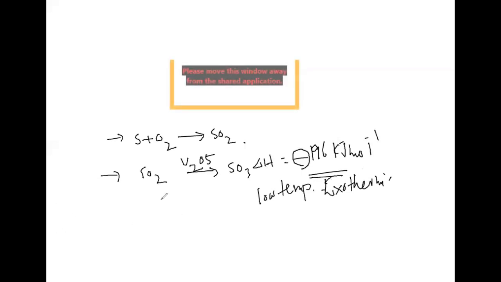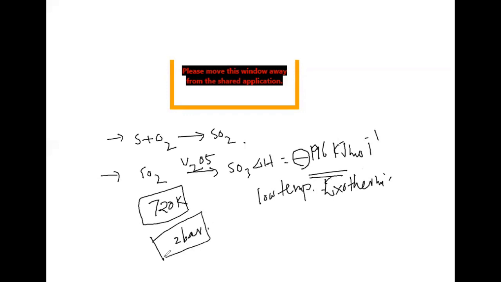But here we should mention the Le Chatelier conditions, that is 720 Kelvin and 2 bar pressure. See, all these values we are supposed to take from the NCERT textbook, not from any other standard books. Even in the final exams, they are going to consider that only. Right. Now, this is the second step.